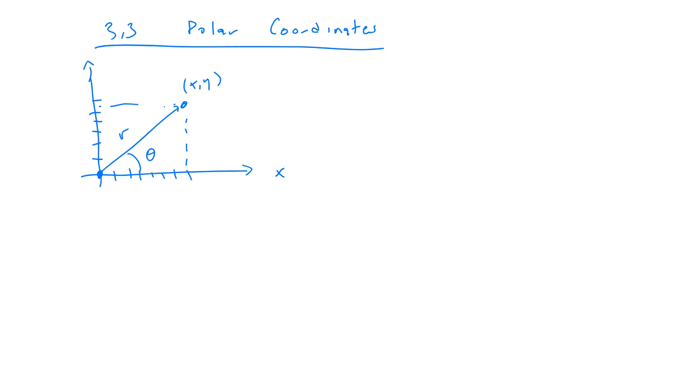So r will be equal to the distance from the given origin. And theta will be equal to the angle it makes in the counterclockwise direction.